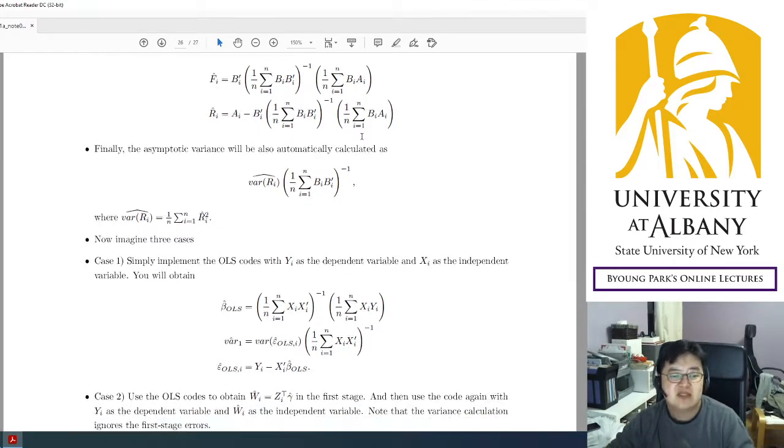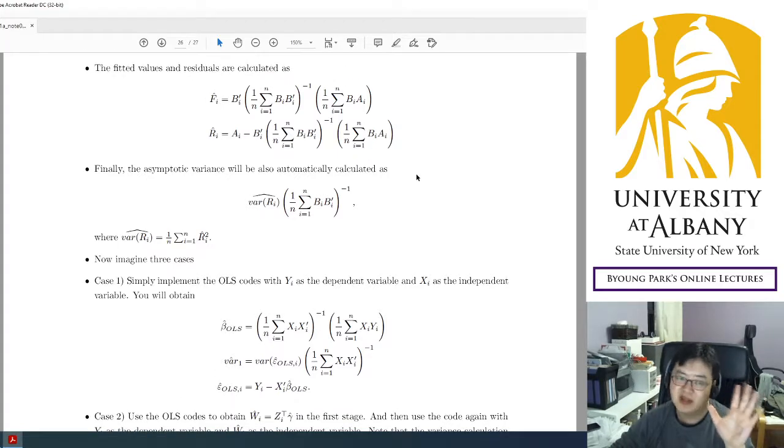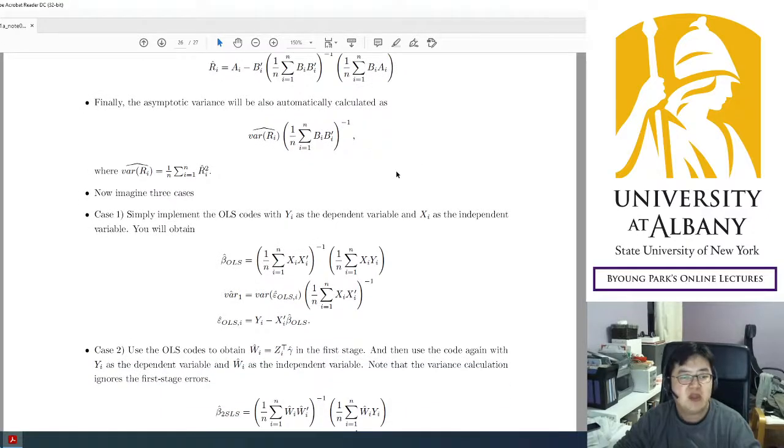Now let's see what happens if you use the same OLS program for two-stage least squares. First, think about this. Now we are coming back to our original notation, y and x. A regression of y on x is exactly what we learned, and simple.